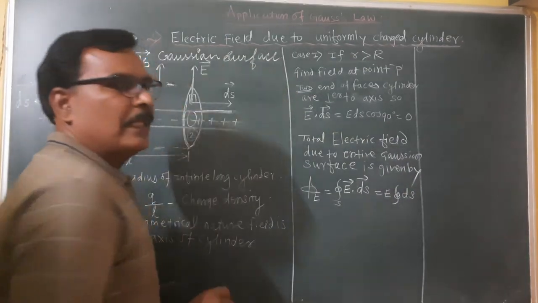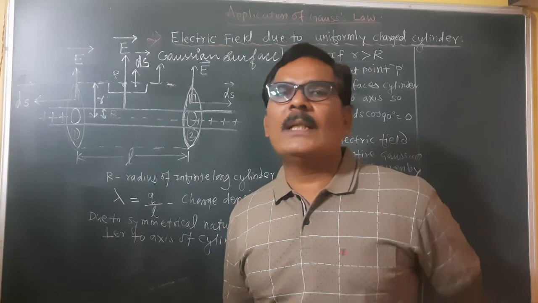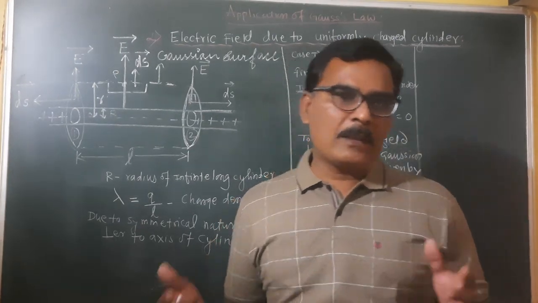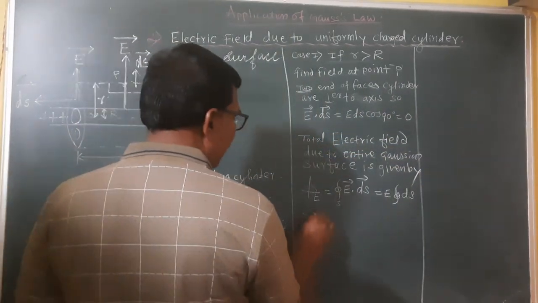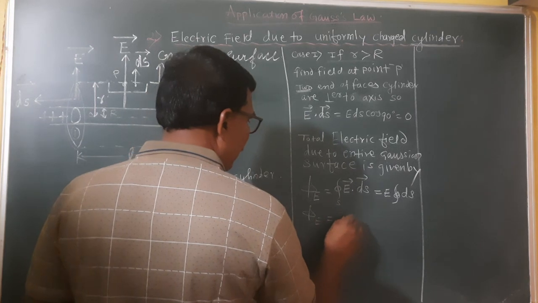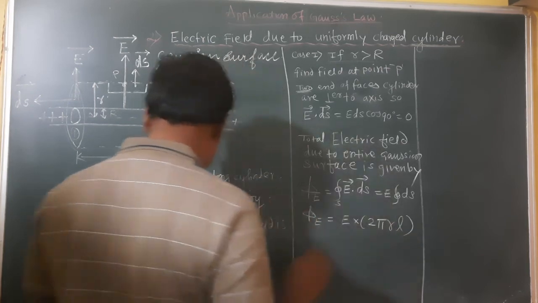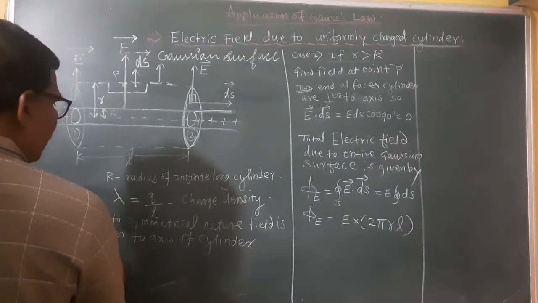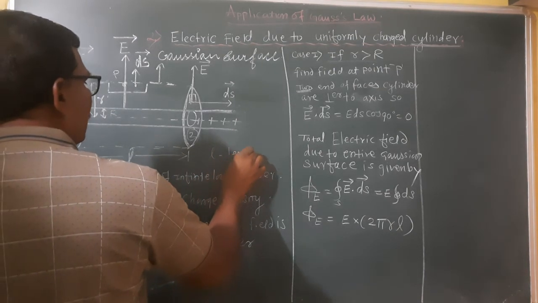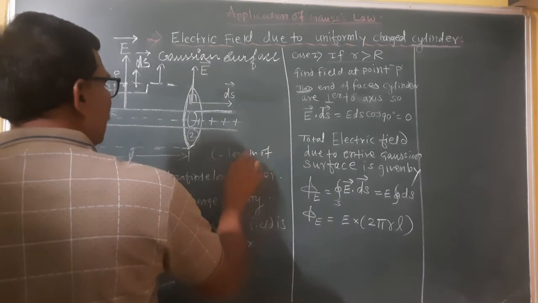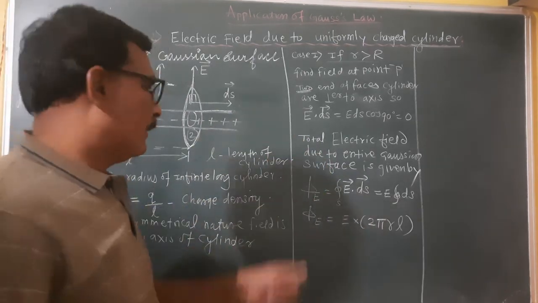And what is the surface area of the cylinder? We studied this in the 10th standard. What is the formula for surface area of the cylinder? That is 2 pi R L, so phi E is equal to E into 2 pi R L, where L is the length of the cylinder and lambda is the charge density.